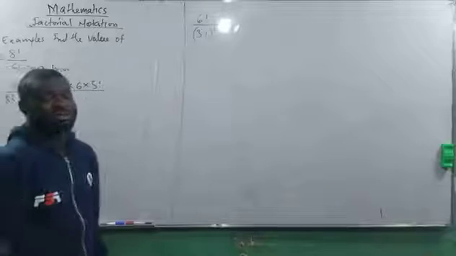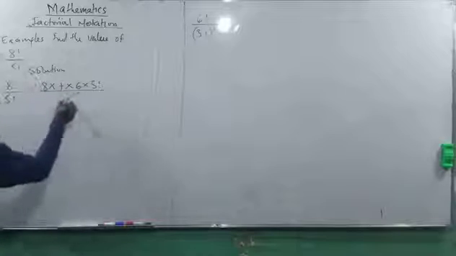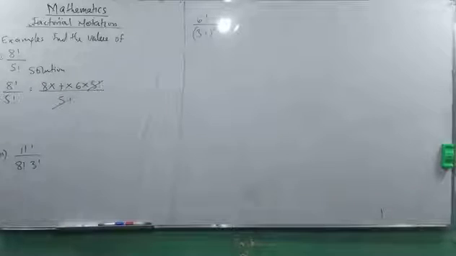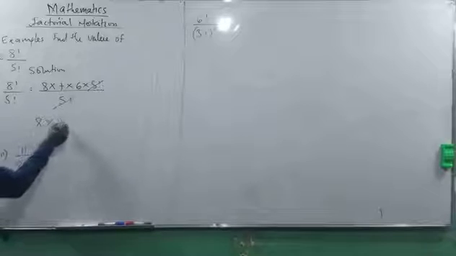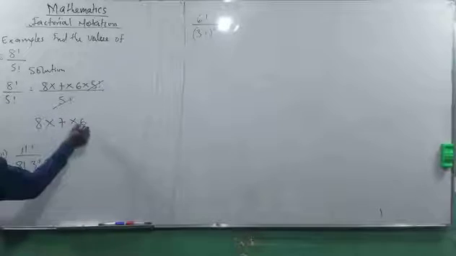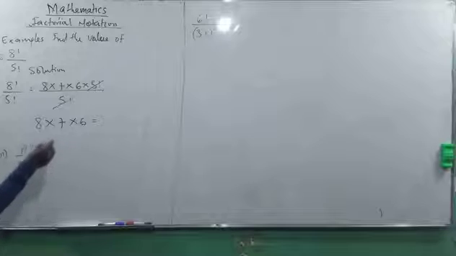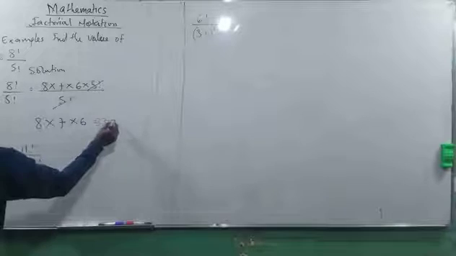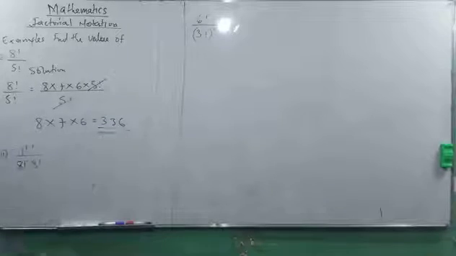It means I don't need to stress myself. By implication, this will cancel this. So I'll be saying that 8 multiplied by 7 multiplied by 6 equals 336. That is the answer you need to find.